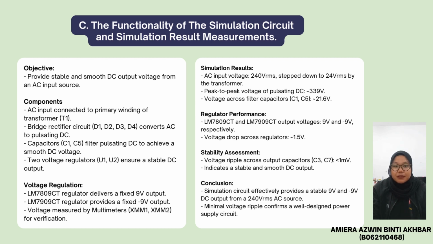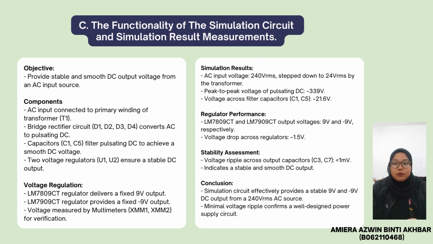The comprehensive measurements, including a 24 VRMS step-down, 339 volt peak-to-peak pulsating DC, and minimal voltage ripple, attest to the circuit's proficiency in delivering a stable power supply. In conclusion, the circuit functionality positions it as a powerful solution for various electronic applications requiring precise and regulated DC power.